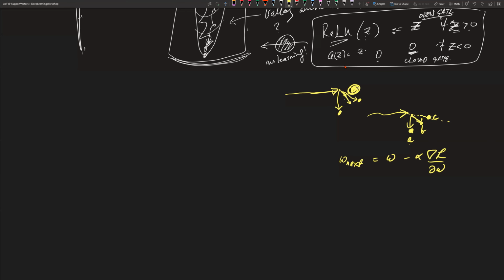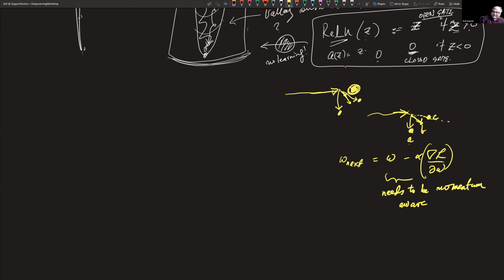The reality is actually more nuanced. The reality is you take the current gradient, but you also include the fact that you have momentum. So this expression needs to be modified, needs to be momentum aware.